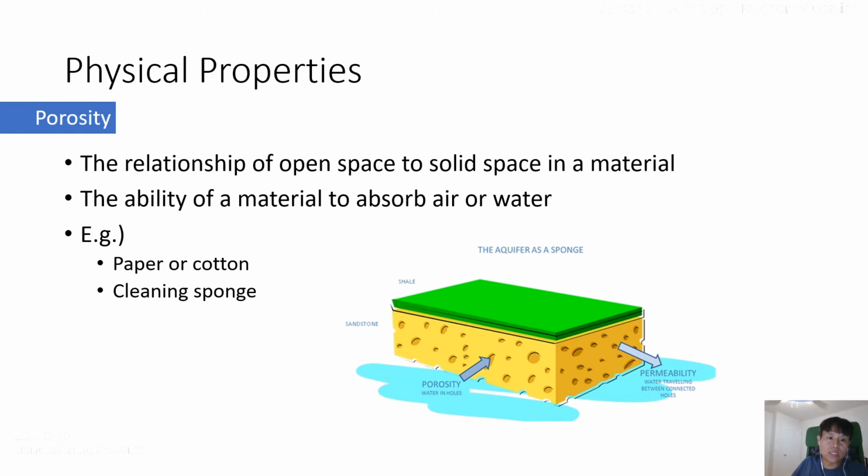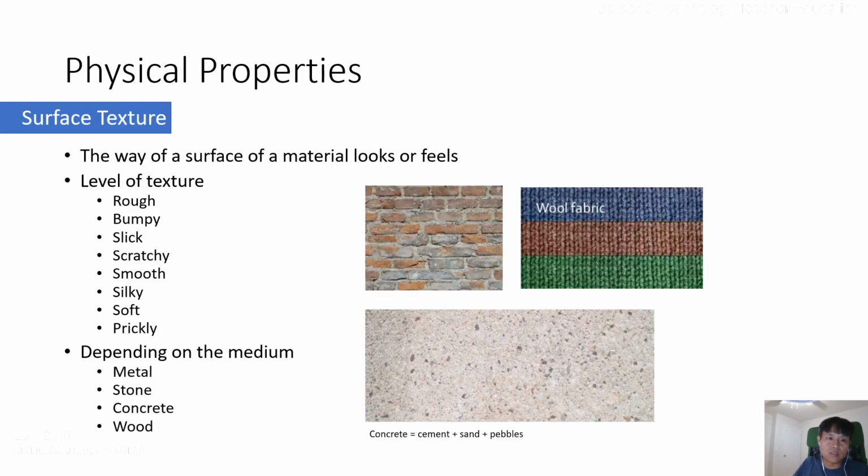And then porosity is also a physical property, the ability of a material to absorb air or water, such as something spongy. And then surface texture is also a consideration in selecting materials. Surface texture means the way the surface of a material looks or feels, such as stone, brick, wool fabric or concrete.